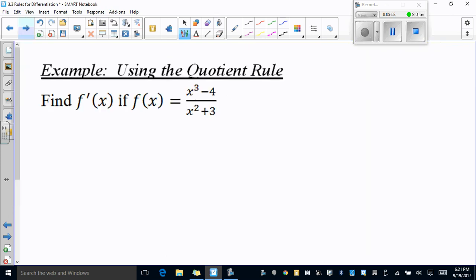So here's our first one that we have, x cubed minus 4 over x squared plus 3. Side work, it hasn't changed any. u is going to be x cubed minus 4, u prime equals 3x squared. v equals x squared plus 3, v prime equals 2x.